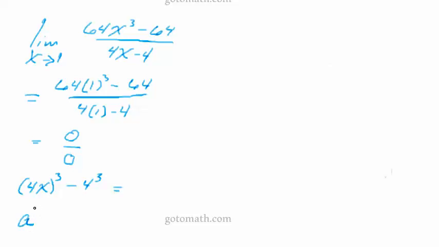Now, I'm going to write this down here if you hadn't already seen it. This is the more general form of factoring the difference of 2 cubes. We're going to have a minus b, and then we're going to have a squared plus ab, and then plus b squared. So there's the form we want to follow. So this is our a.